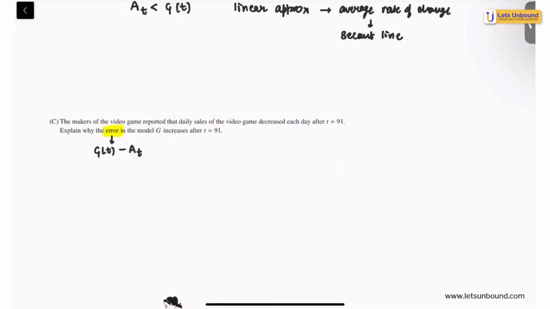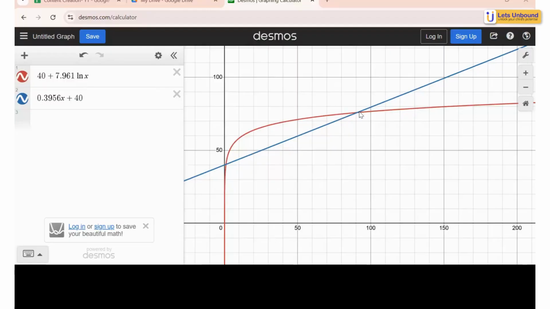So for that, we will again go to the graph. Let's look at the graphs clearly to see what is happening. Now, after this point, which is my point of 91 days and 76,000 games being made, we can clearly see that the difference between the linear approximation and the logarithmic graph is increasing in value, right?